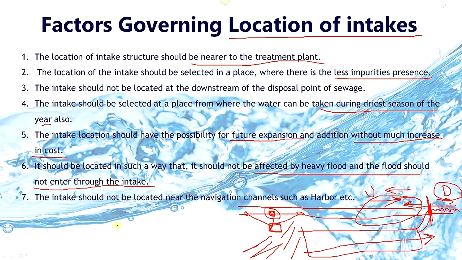And it should not be located near navigation channels such as harbors, etc. Navigation channels means the waterway channels where ships or boats can navigate, right? So the intake structure should not be located in such navigation channels. It should not be located at such points where there is a lot of human activity.